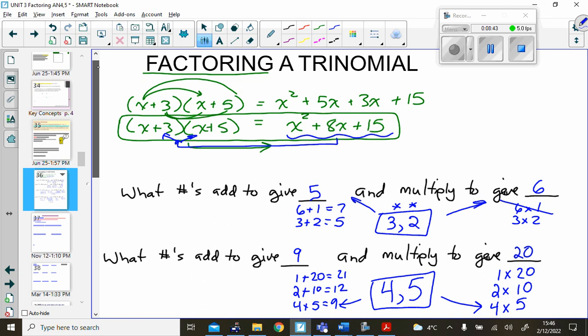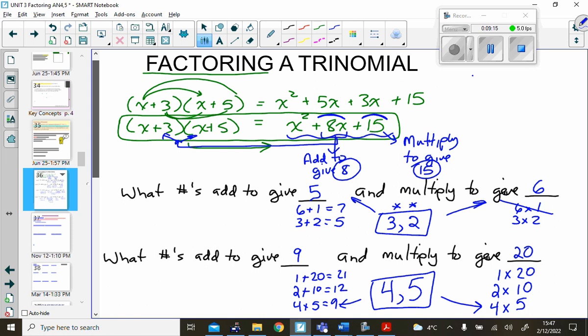If you thought of this as what numbers add to give 8, but multiply to give 15, if you look at what adds to give the first term and what multiplies to give the second term, what do we come out with?